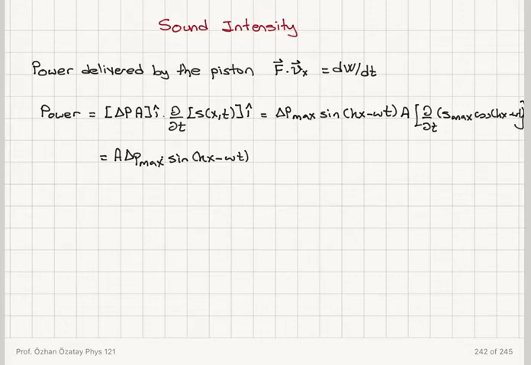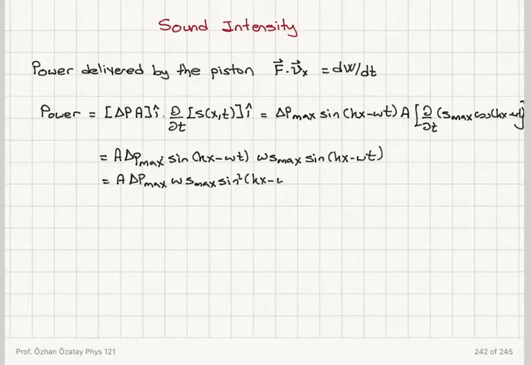Then from the derivative I'm going to get a minus omega, but the derivative of cosine gives me a minus sign, so the minus signs will cancel, so I will end up with omega times S max sine(kx minus omega t). So this is going to be equal to area times delta P max omega S max sine squared(kx minus omega t).